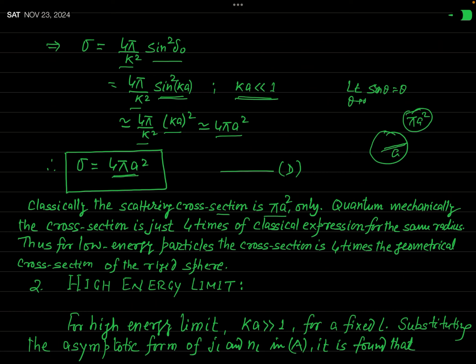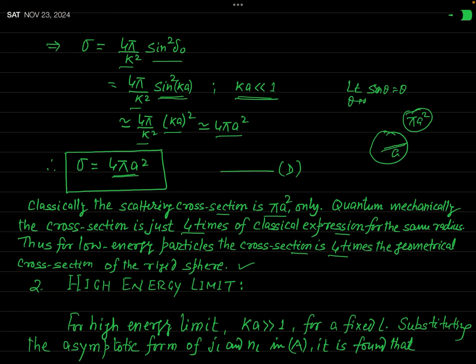So the quantum mechanical result for this cross section is just 4 times the classical expression for the same radius. So we conclude that for low energy particles, the cross section is 4 times the geometrical cross section of the rigid sphere, because pi a square is the geometrical cross section. I think you have clearly understood this calculation. This is a very interesting fact.